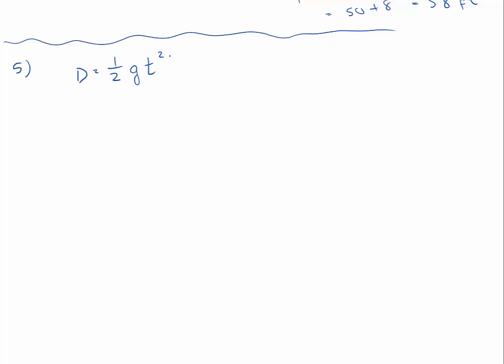If I draw my cliff here, that's not a very good cliff, but there we go. He says the cliff is 200 meters high, so it's 200 meters from here to the ground. And you've got Cody standing up here, trying not to fall off the cliff.